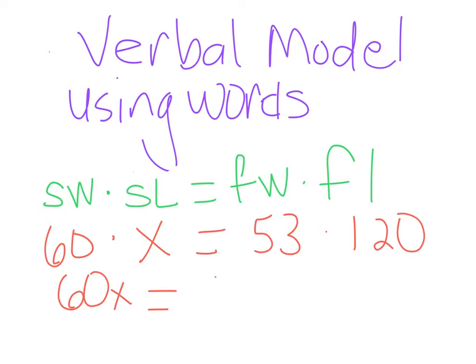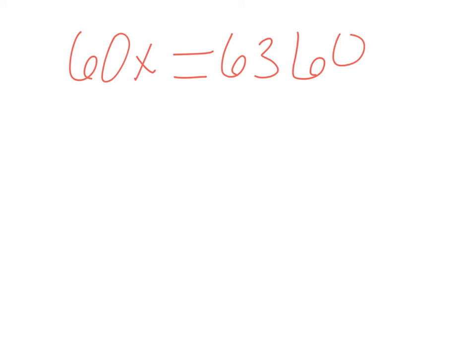Now we can do our algebraic model, which would be 60x equals 6,360, because we multiplied these. So now all we have to do is solve for x: 60x equals 6,360, and when we do that, we get 106.